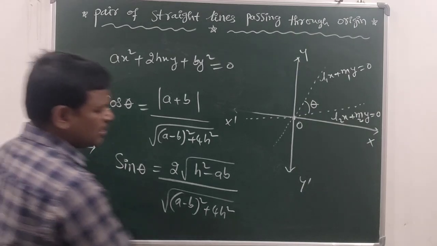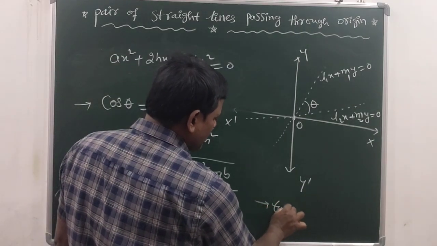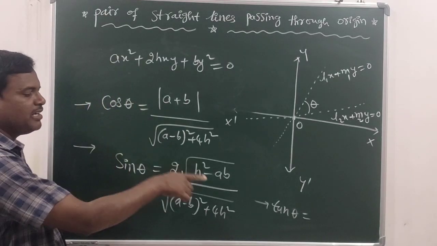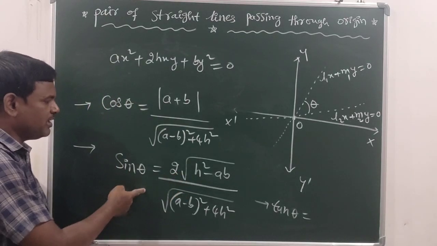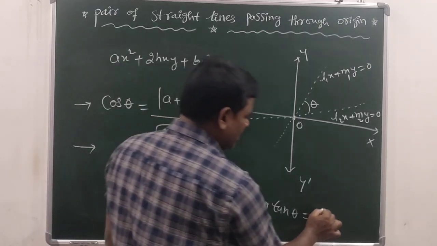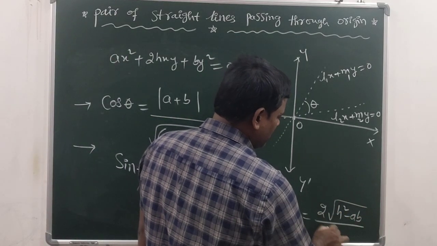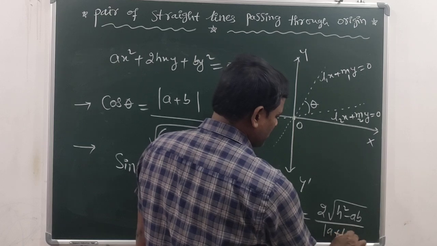Suppose if you want tan theta, then you would have to divide sin by cos. You know, tan theta can be written as sin by cos. If you divide this by that, you will get 2 into root of h square minus ab by mod of a plus b.